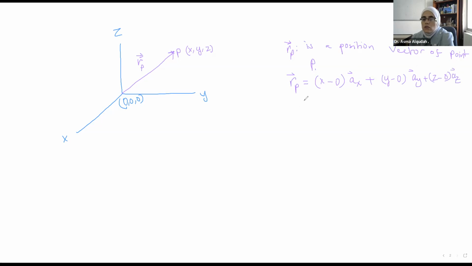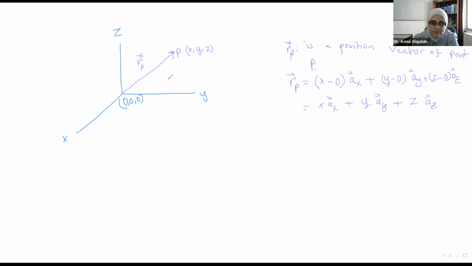Which is going to be X A sub X plus Y A sub Y plus Z A sub Z. This is the position vector of the point P.